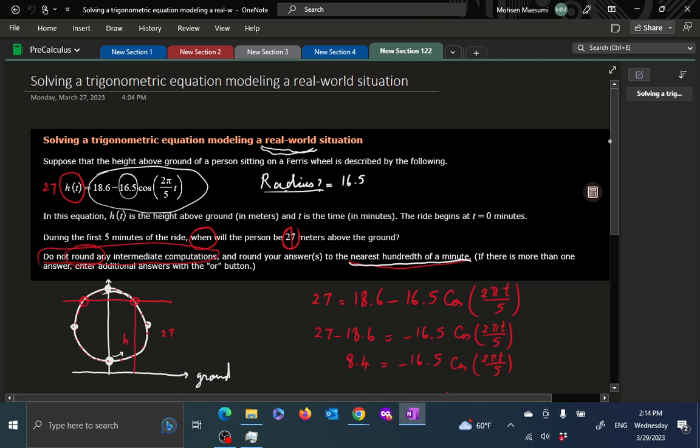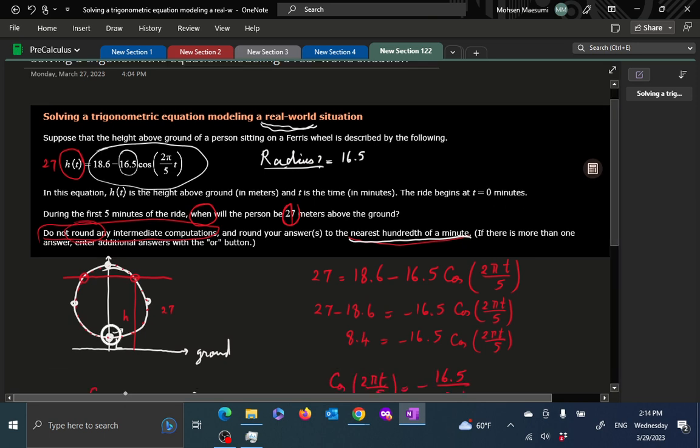What is the lowest point here? Well, we said we are starting right at time t equal to 0. Stands to reason that we start from here. At time equal to 0, cosine becomes the maximum, which is 1. 1 times 16.5, subtract from 18.6.